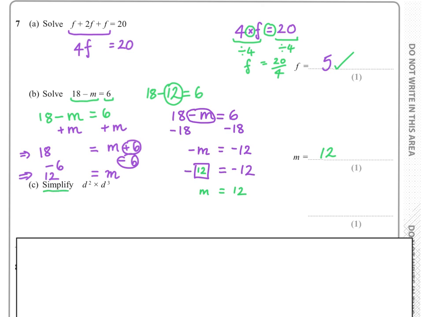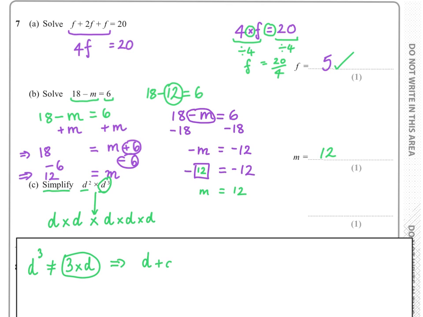It says simplify d squared times d cubed. Well, d squared is d times itself, and d cubed is d multiplied by itself 3 times. D cubed does not mean 3 times d, because 3 times d is the same as d plus itself 3 times.